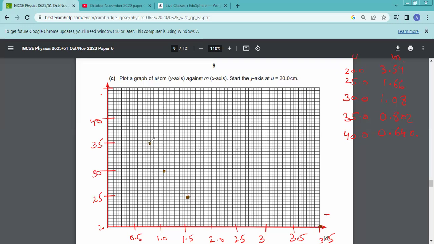And at 40, the value is 0.6, so it's almost here.